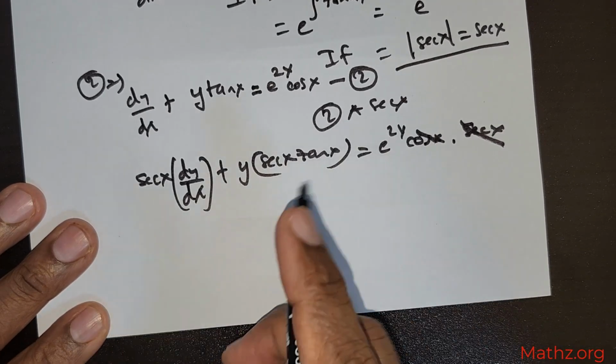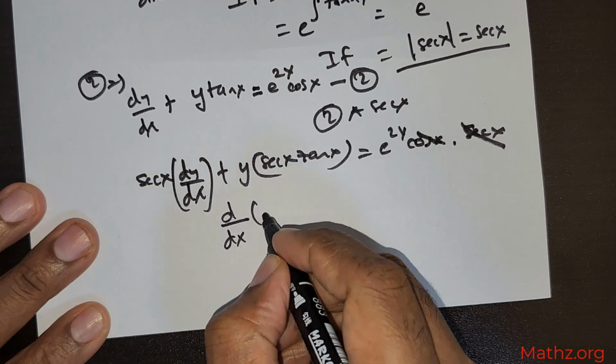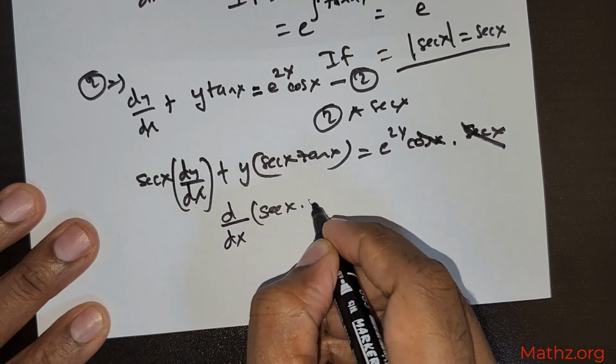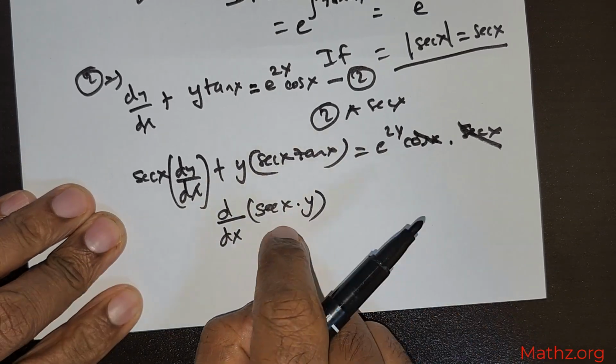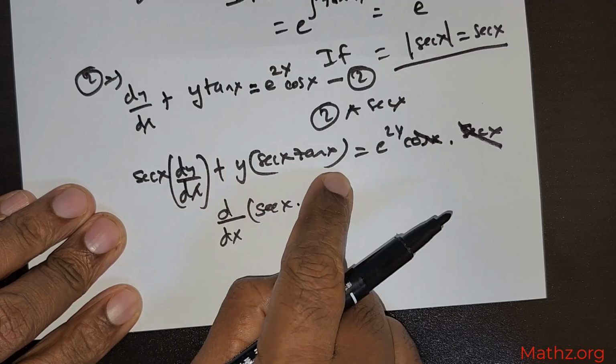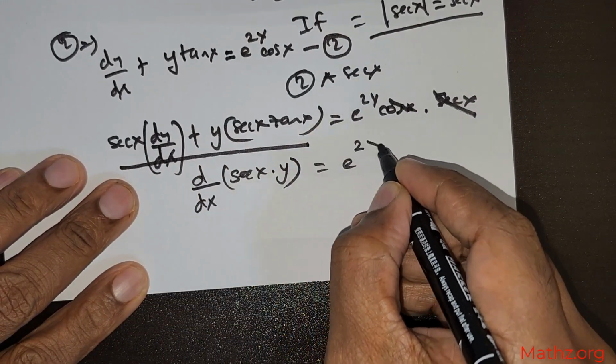Now what is this? This is nothing but the differentiation of secant x times y, right? You apply the u into v formula, you get this quantity. On the right hand side you get e raised to the power of 2x.